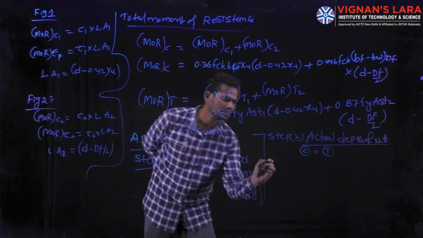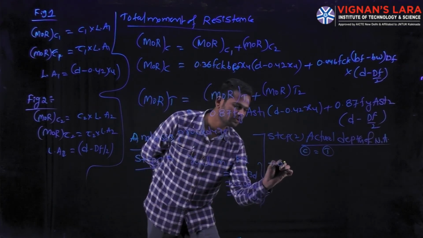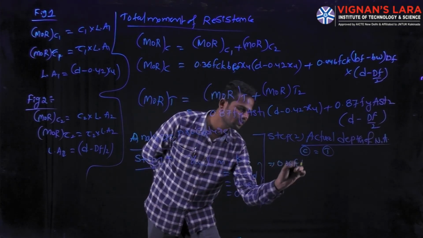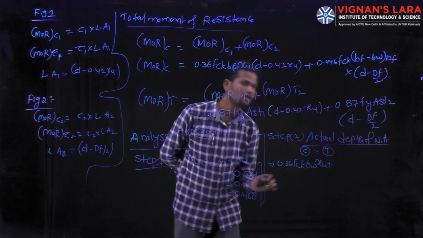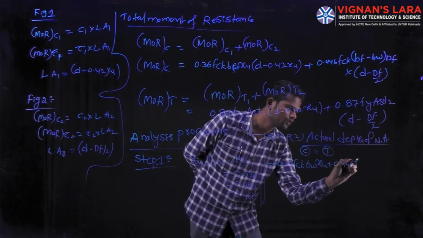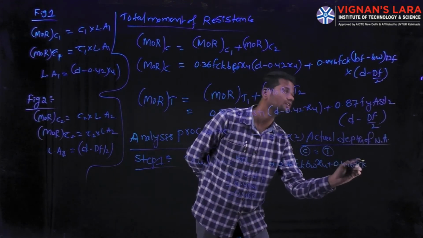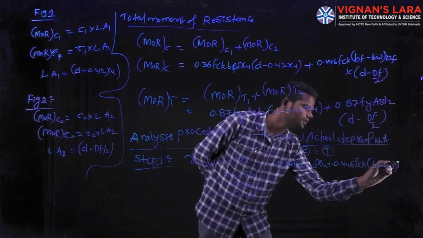I am writing here the total compressive force: 0.36 fck bw Xu plus 0.446 fck into (bf minus bw) into Df.